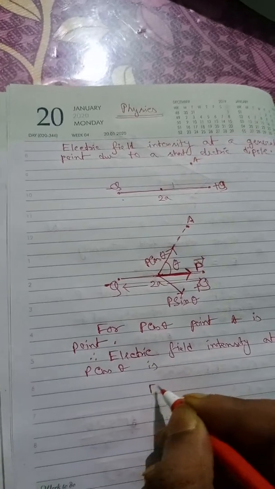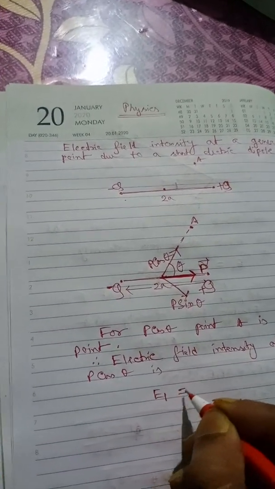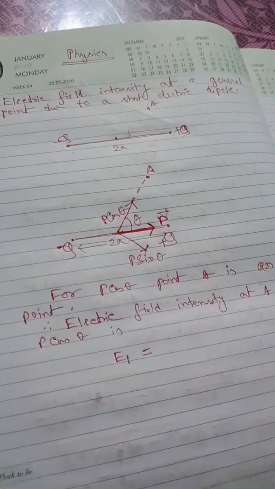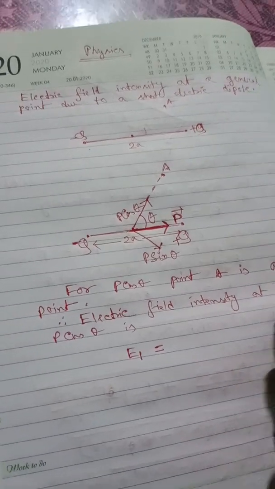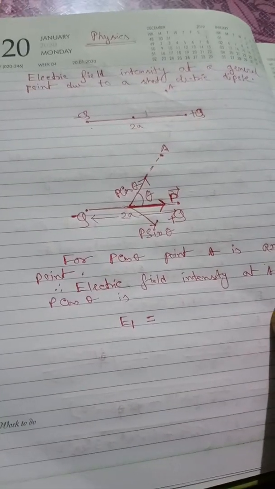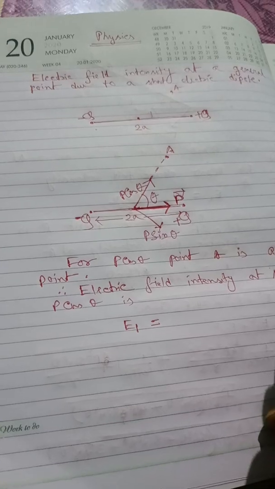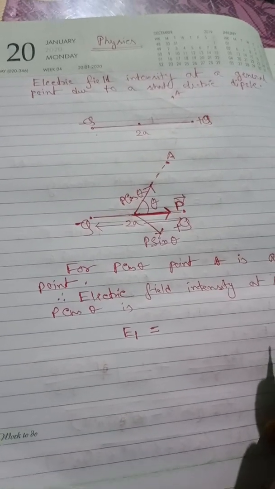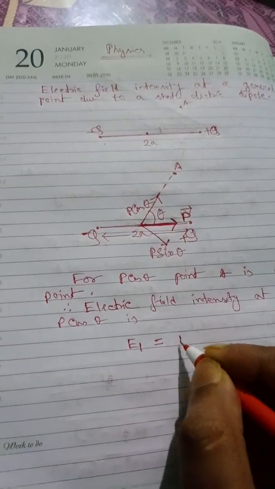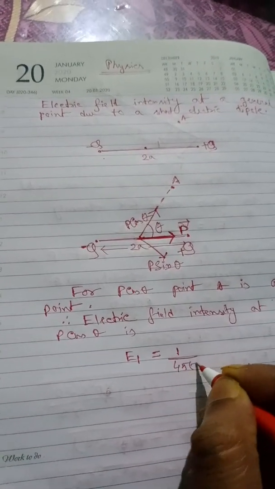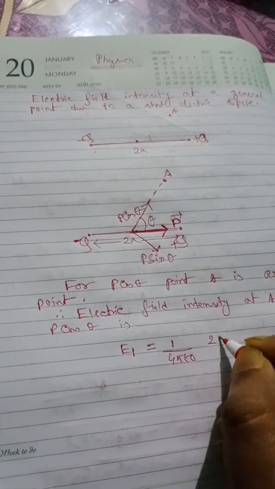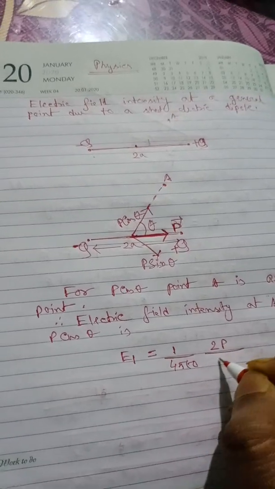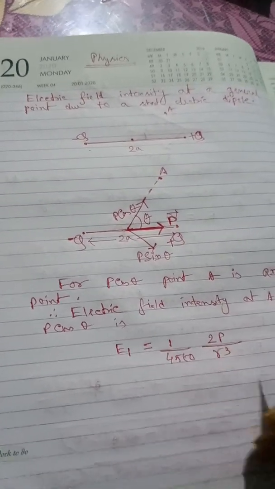is, suppose we take E1 is equal to, we know that for the short dipole the electric field intensity on the axial point is 1 by 4 pi epsilon naught 2p by r cube. So here we will get 1 by 4 pi epsilon naught 2p by r cube.